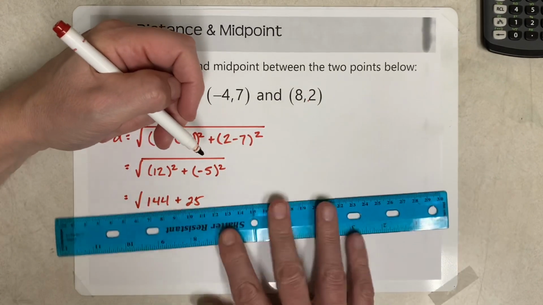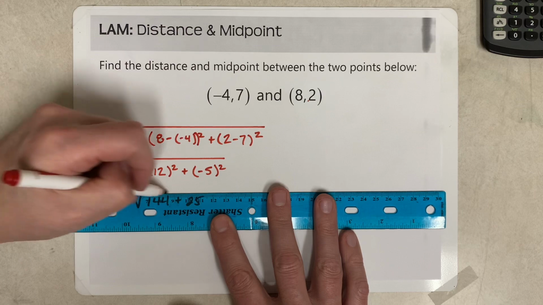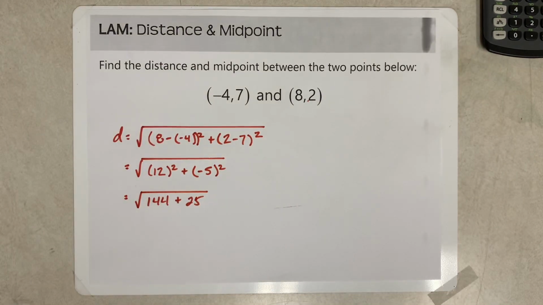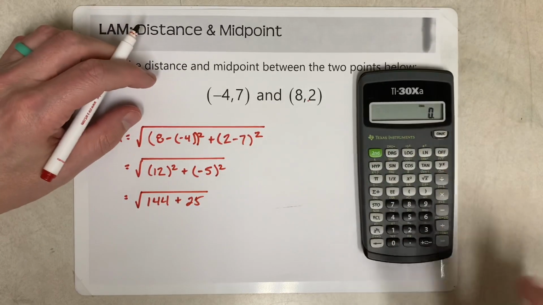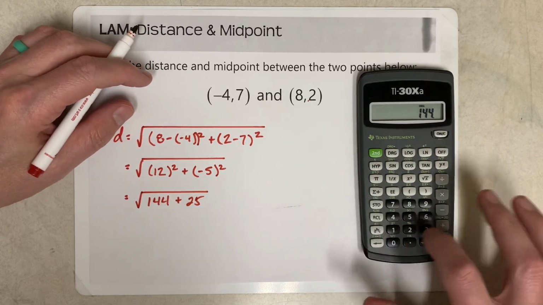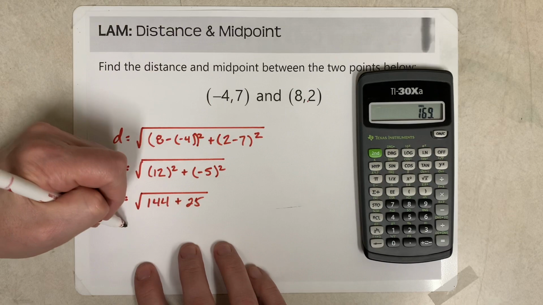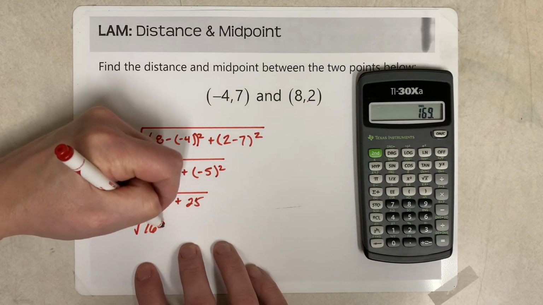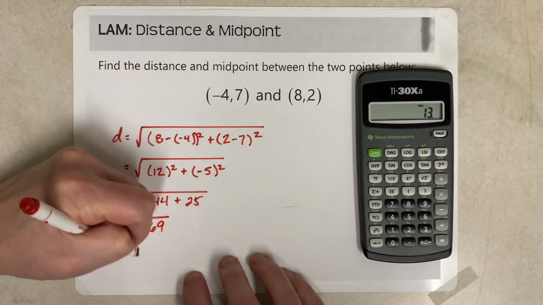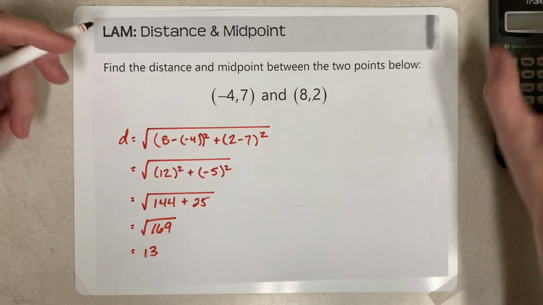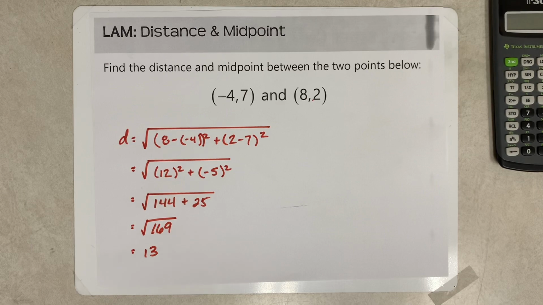And both those should be positive every time, or 0 if it's 0. All right, 144 plus 25, and here is where if you have a calculator, you can use one. 144 plus 25 is 169. And square root of 169 is 13. Sounds good. Some of you may have already known that.